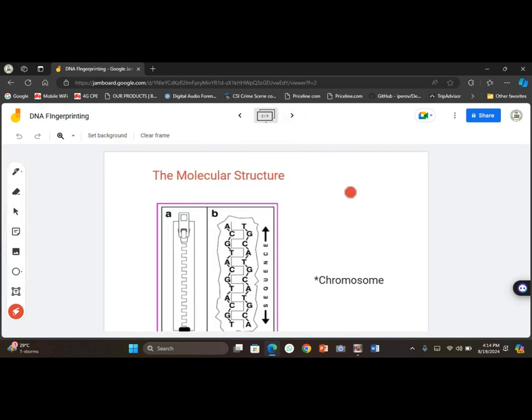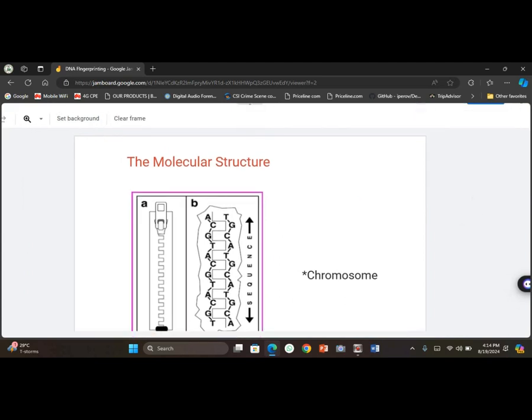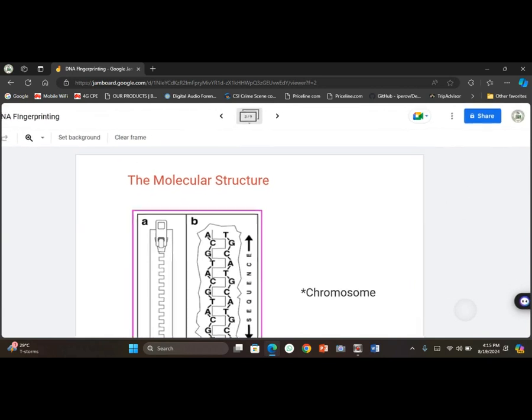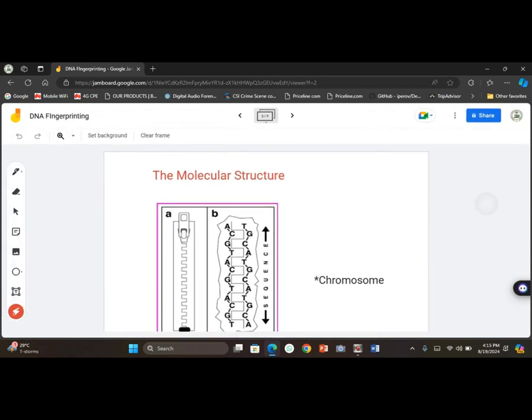And this molecular structure can be seen as a zipper. Look at the board. If you look at your screen, you have a figure here. The figure here is a zipper.